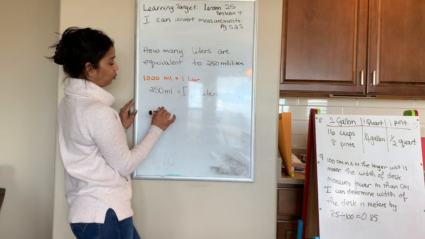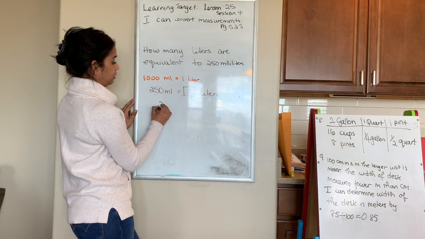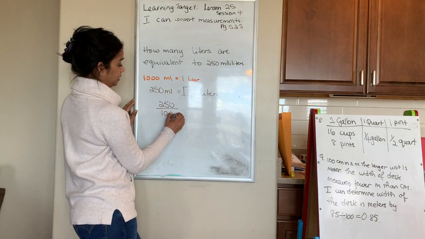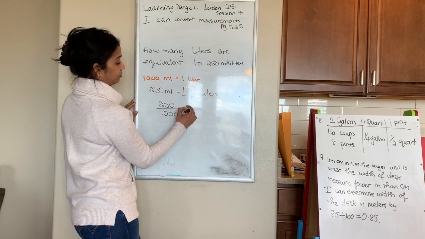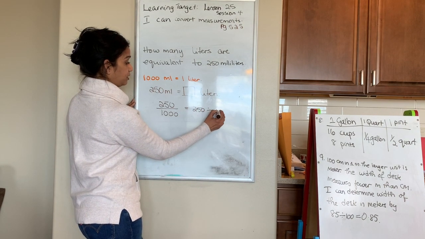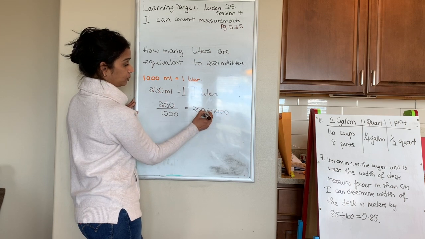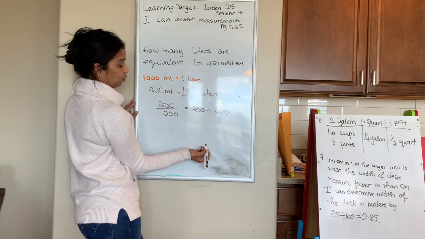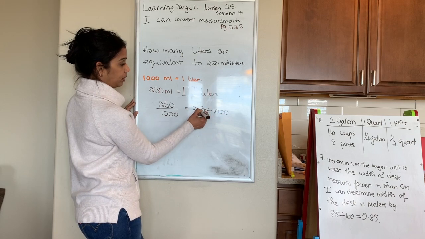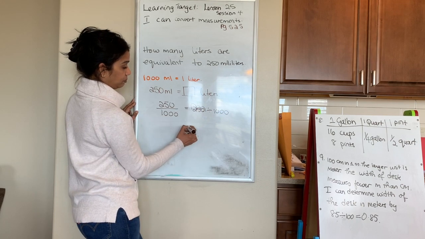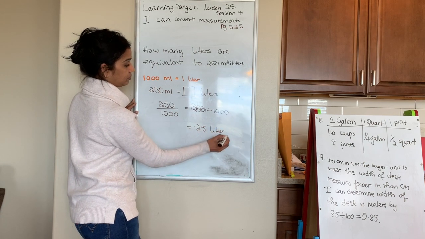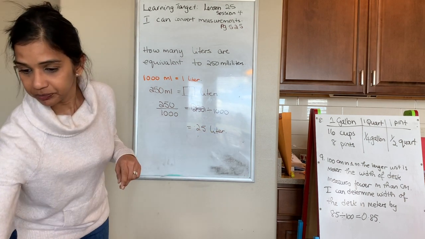What we're going to do, we are going to divide. So 250 divided by 1,000. This is where the decimal point is in whole numbers. It's 1,000, so it's 3 zeros. So we go 1, 2, 3. Boom. 0.25 liter.